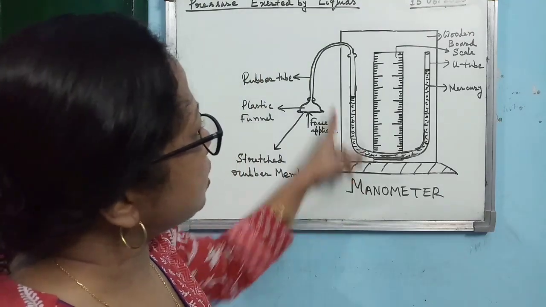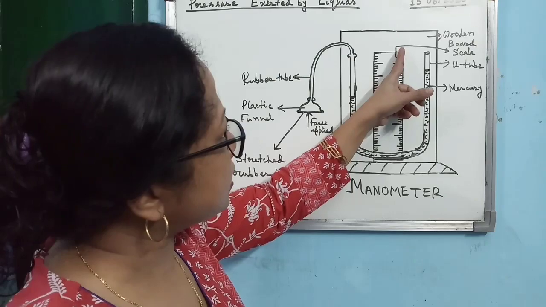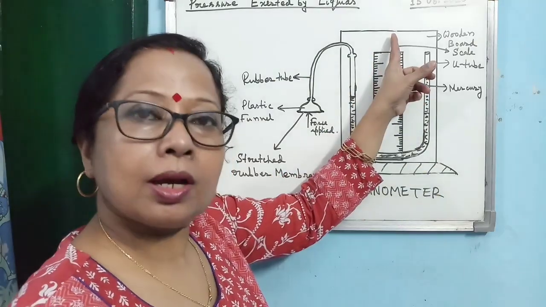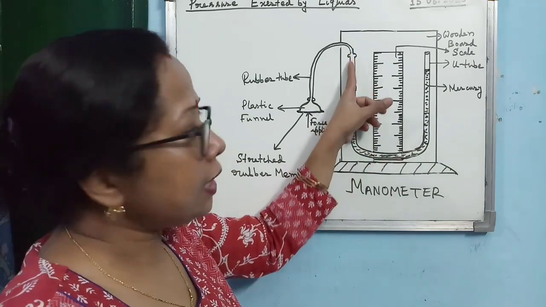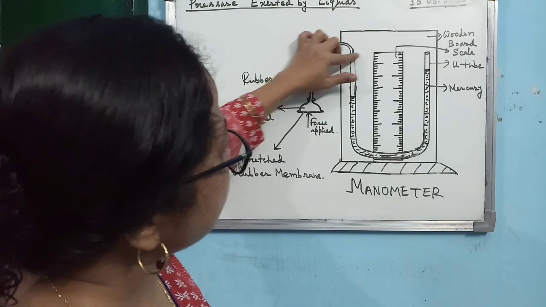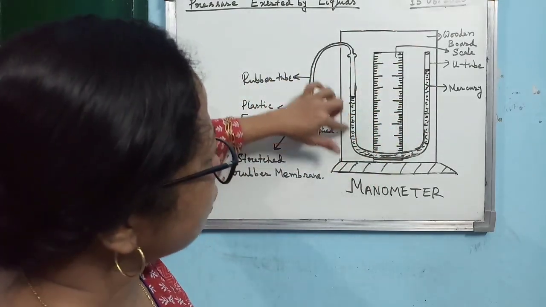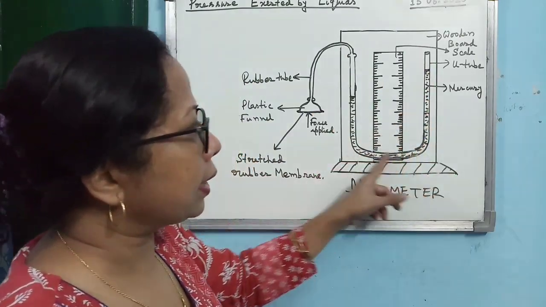There is a wooden board, and on the wooden board a scale is fixed. On both sides of the scale, a U-tube made of glass is there. Just follow from here to here. This is a U-tube made of glass. Within the U-tube you have to fill mercury.